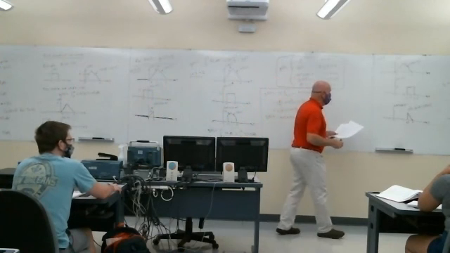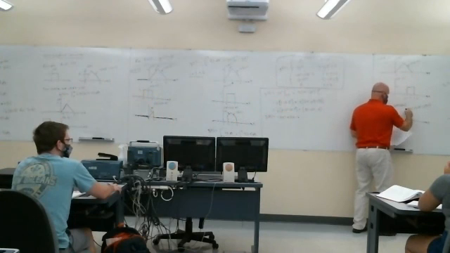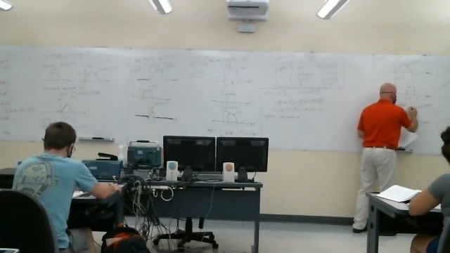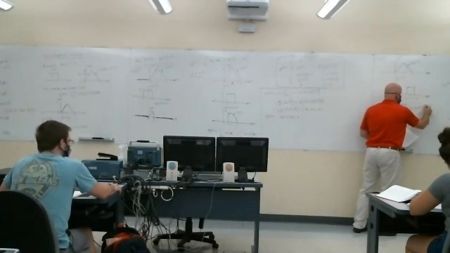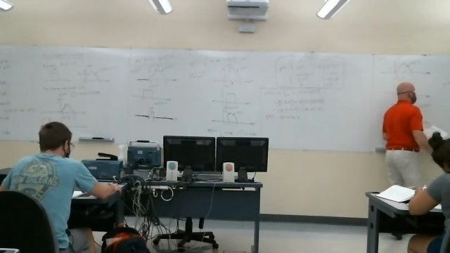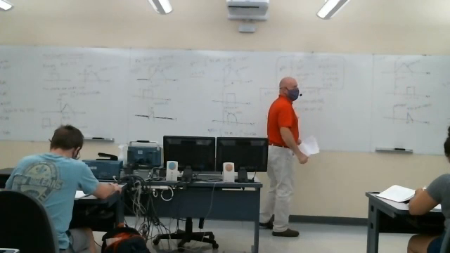Oh, that's what I forgot to do. 2 times 2 should have been 4. So that's where I screwed up. So that means this should have actually been a 2 here, right? And finally, another 2 there.